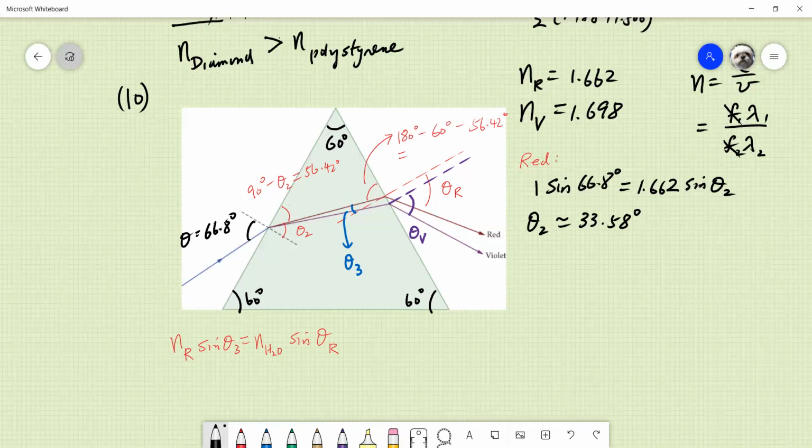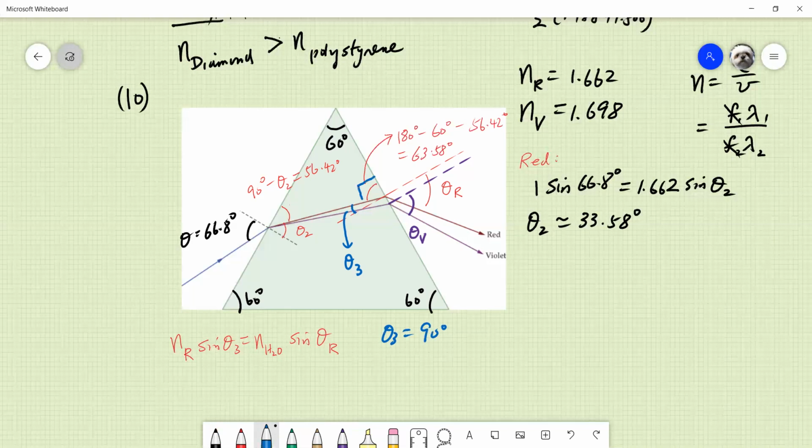Good. Now, if I'm doing that, it's 180 minus 60 minus 56.42. So if that's the case, then what is theta 3 equal to? Theta 3 will be equal to 90 degrees minus that angle, right?